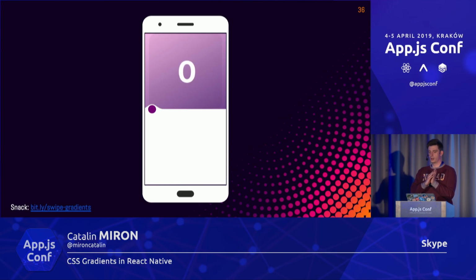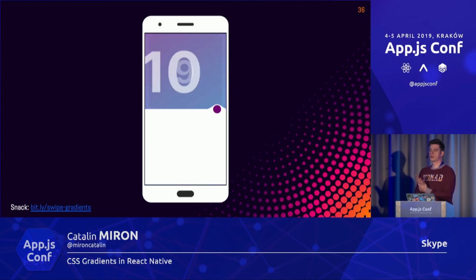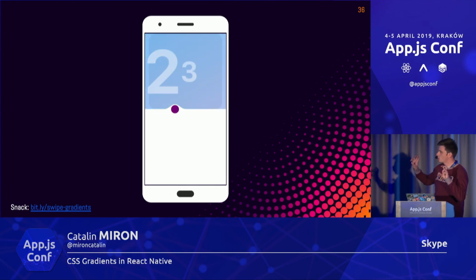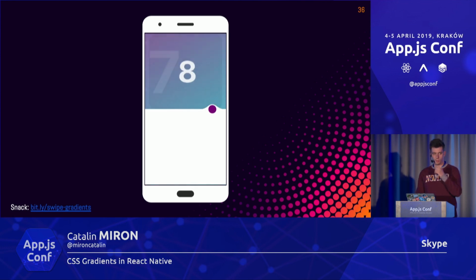Based on this timeline, I'm using gesture handler to know the position of the knob, and I'm saying, PopMotion, give me the linear gradient for that specific location, and I'm sort of animating the gradient from behind the scenes.